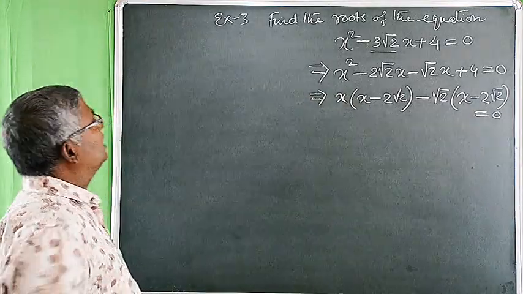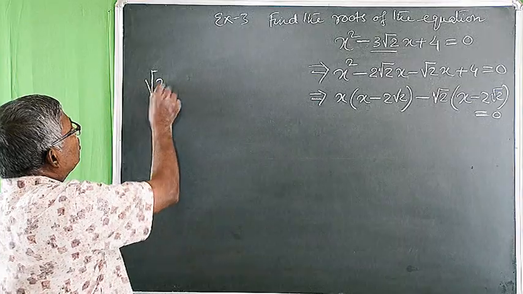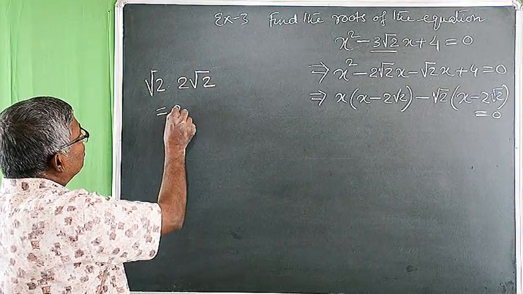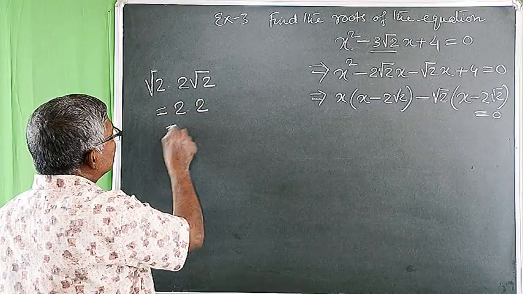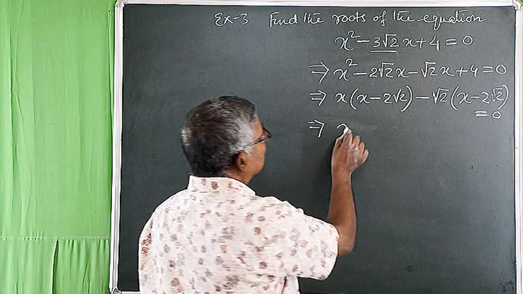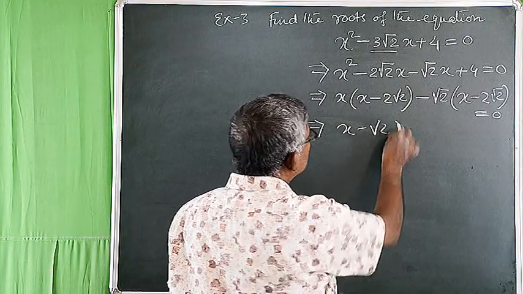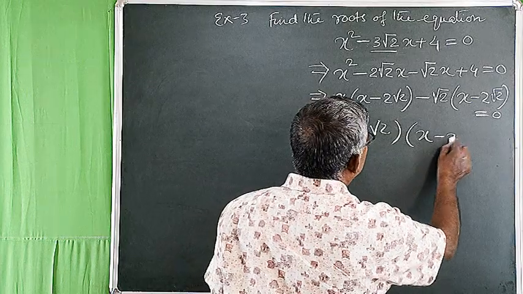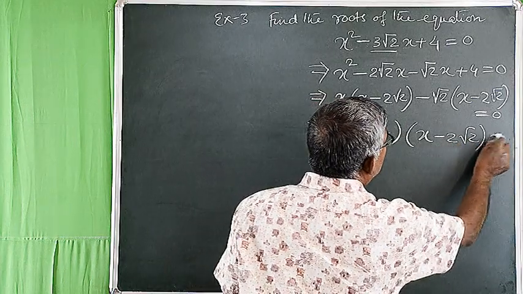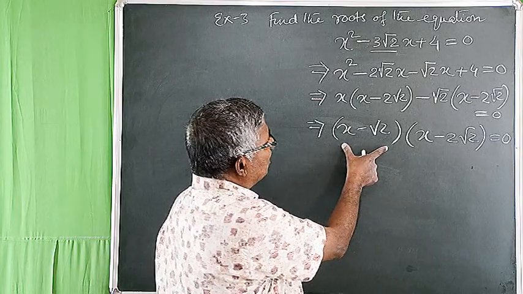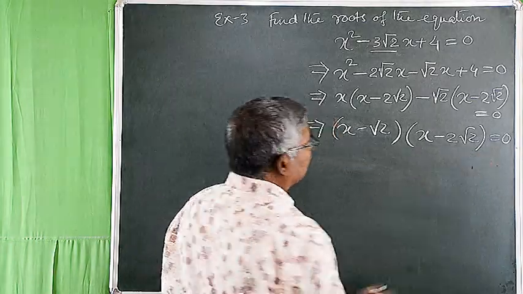Students, here see root 2 into 2 root 2 equal to 2 into 2, that is 4. This implies that x minus root 2 into x minus 2 root 2 equal to 0. So we get the product of two factors equal to 0.